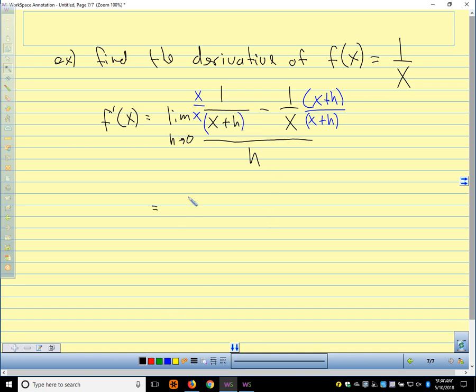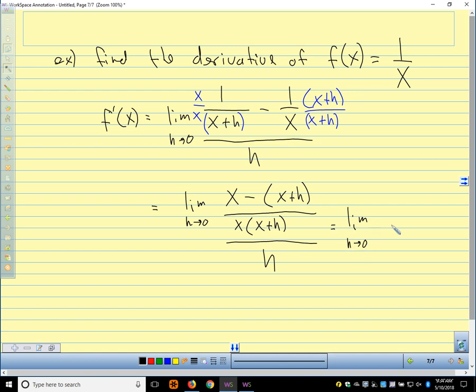So we get the limit as h approaches 0. In the numerator, I get x minus x plus h over my common denominator, x times x plus h, all over h. And this equals the limit as h approaches 0.